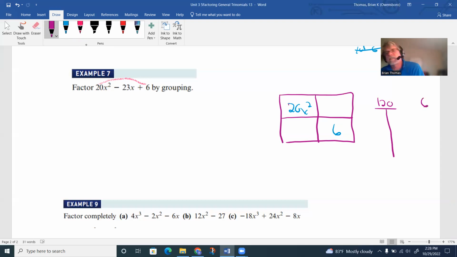Notice that the factors have to be kind of close together. If you think of 20, can you think of some common numbers that would give you 20? Well, if not, let's just go down the list.